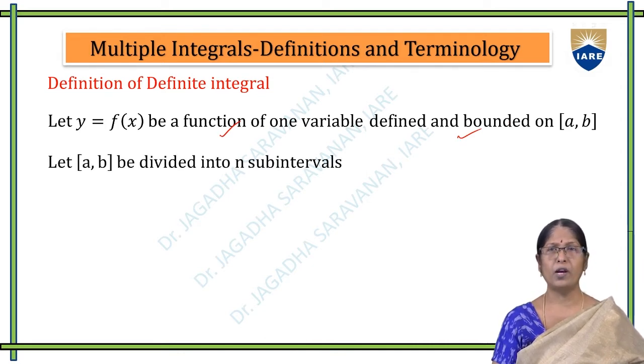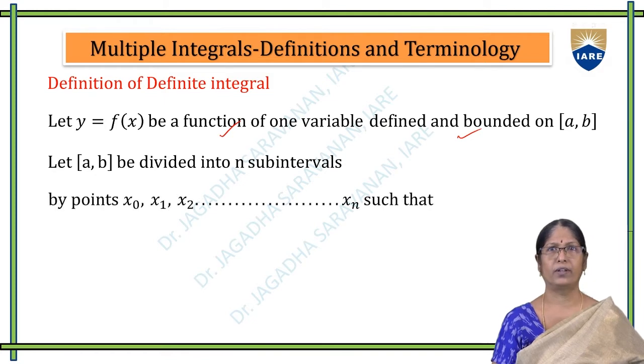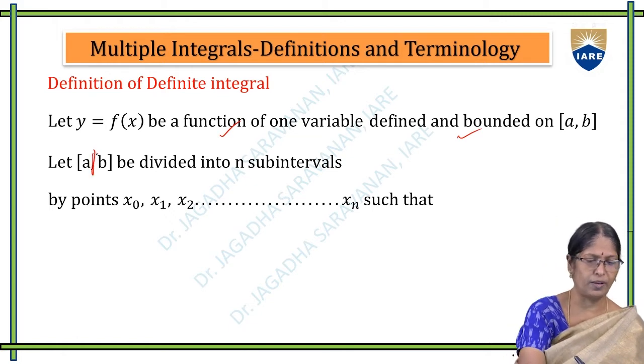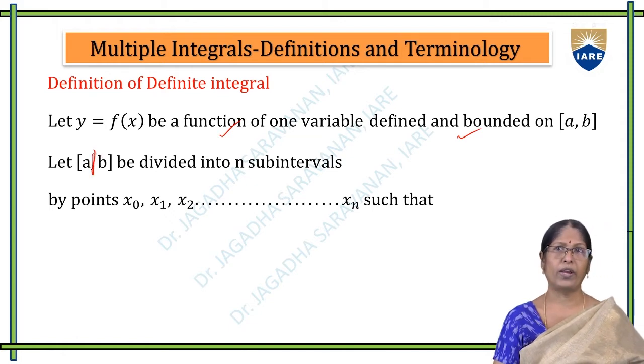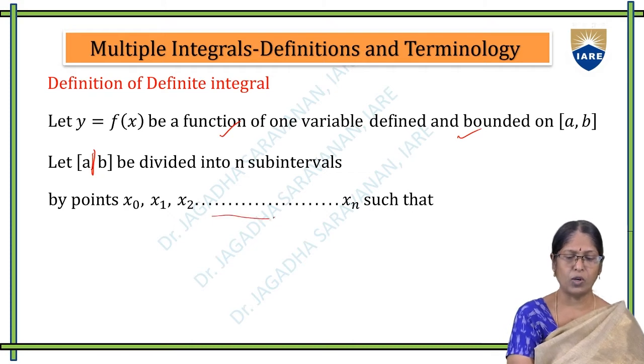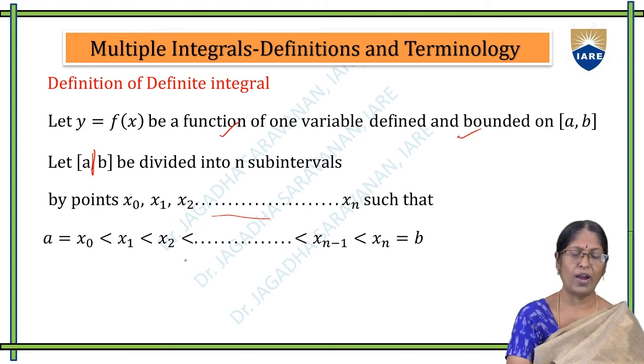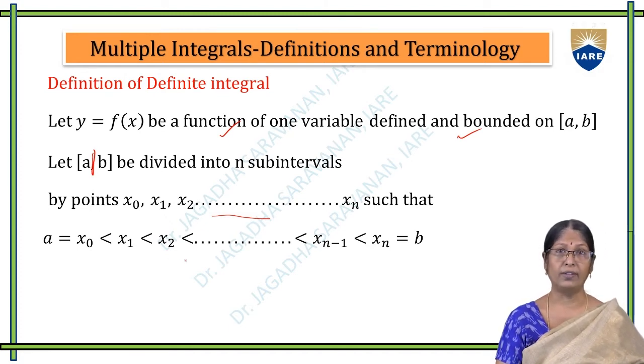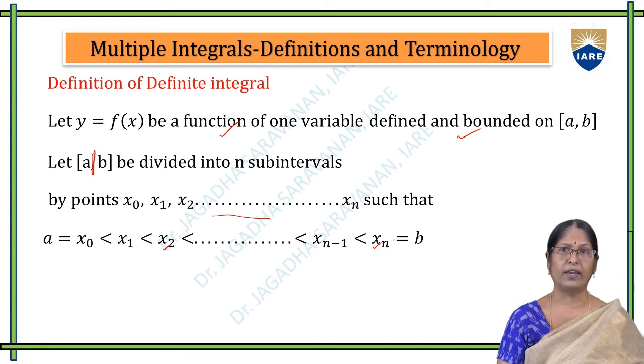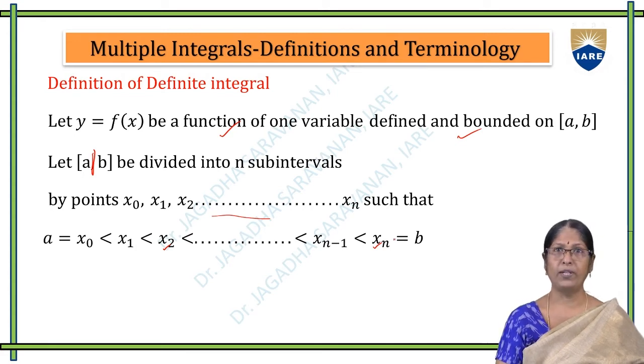Let this closed interval [a, b] be divided into n sub-intervals, with points x0, x1, x2 up to xn, such that x0 < x1 < x2 < ... < xn. This is compulsory.